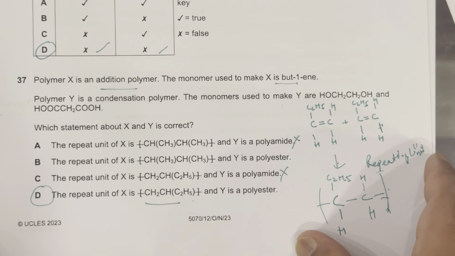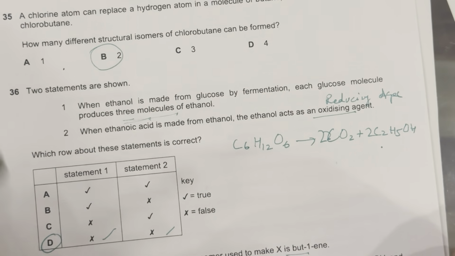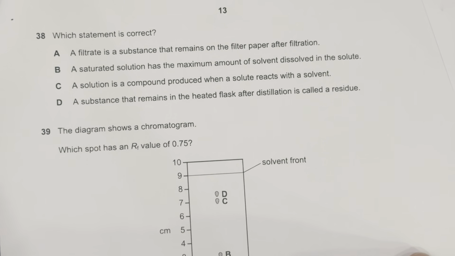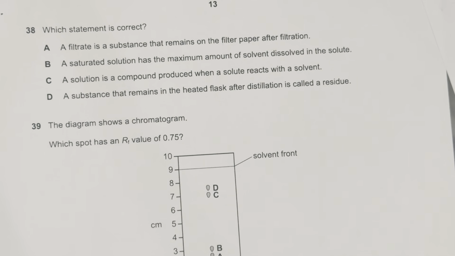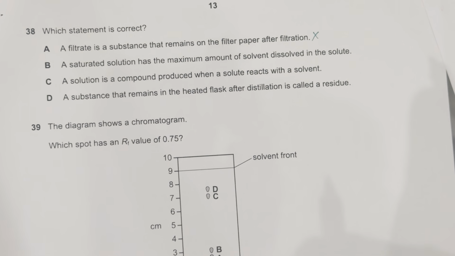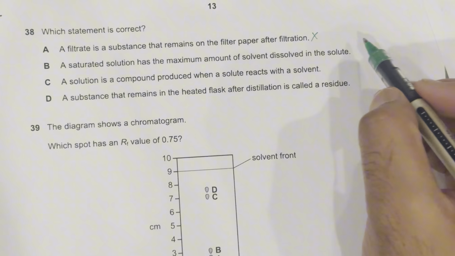Okay, now we'll move to the last 3 questions of this paper. That is question number 38. This is from experimental chemistry. Which statement is correct? A filtrate is a substance that remains on the filter paper after filtration. No. A saturated solution has the maximum amount of solute dissolved in the solvent.